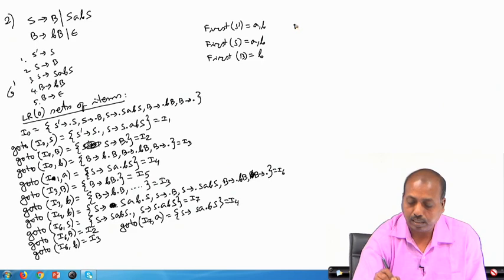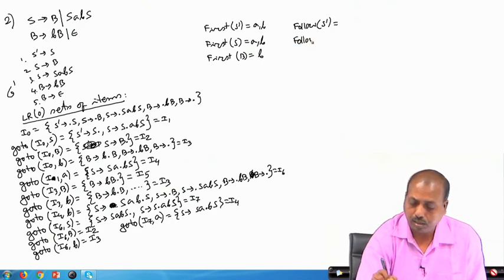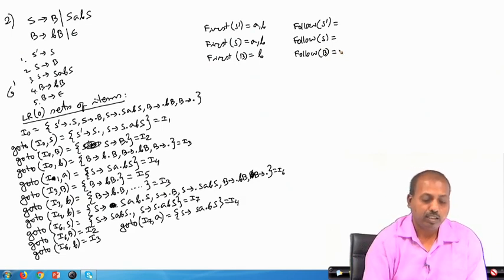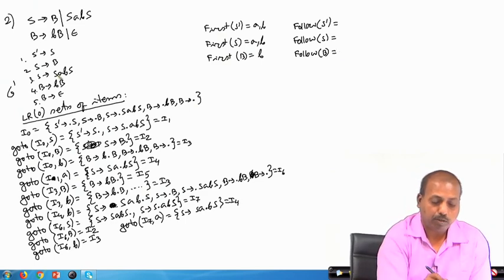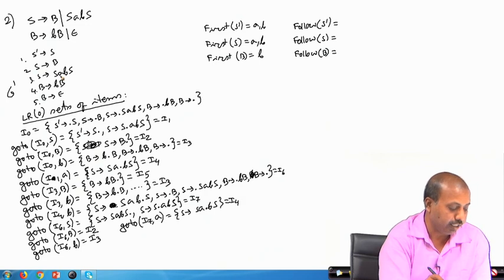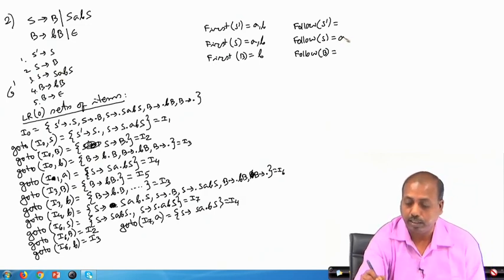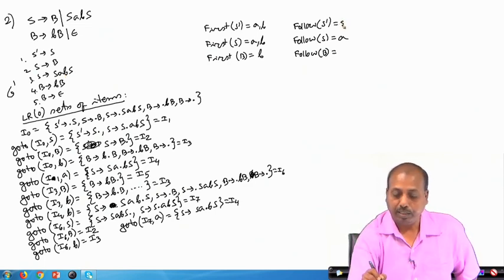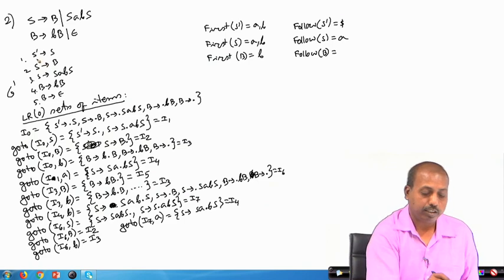Now, the follow sets. So, follow of S dash, follow of S and follow of B. Follow of S has got small a in it. From this rule you can say that S may be followed by small a. Follow of S dash will definitely have dollar, because S dash is the start symbol.